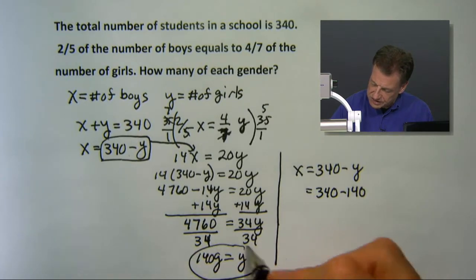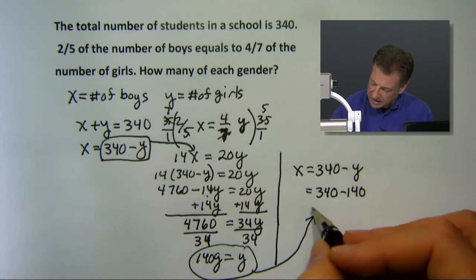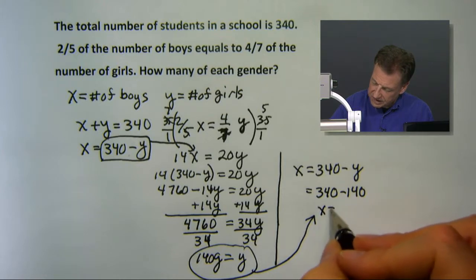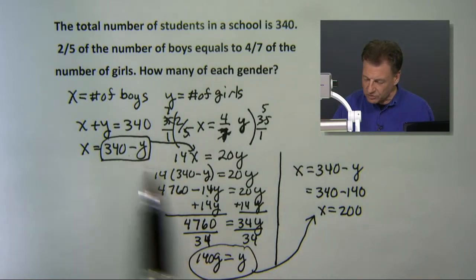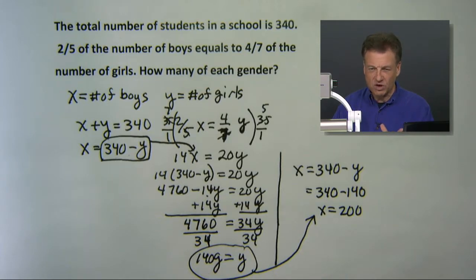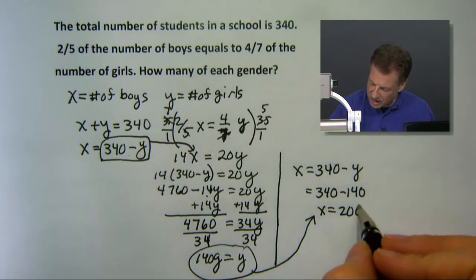We just simply bring this right back up here, and we now have x equaling 200. You say, well, Ernie, that's pretty magical. It really is, and it really is not that bad, but that's the whole idea. When we set this thing in, once we get to the 140, it's easy street, okay? Just 340 minus 140, you're in the ballpark at 200.